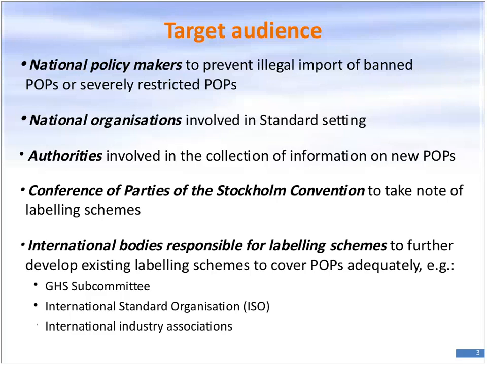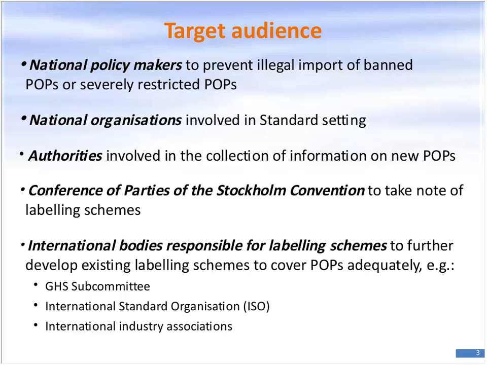The main target audience are national policymakers who want to prevent illegal import or export of banned POPs and severely restricted chemicals, but also who want to facilitate identification of POPs in articles at the end of the life cycle. These national policymakers are the number one target audience to develop such a labeling scheme, and then national organizations and standard setting bodies can support this.